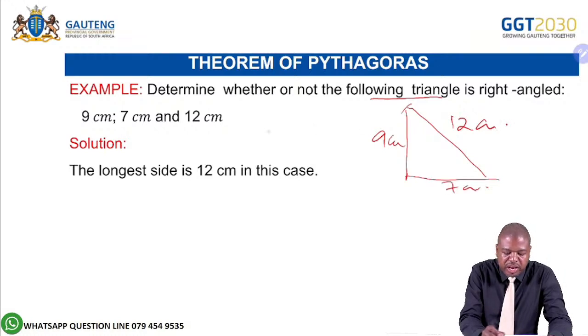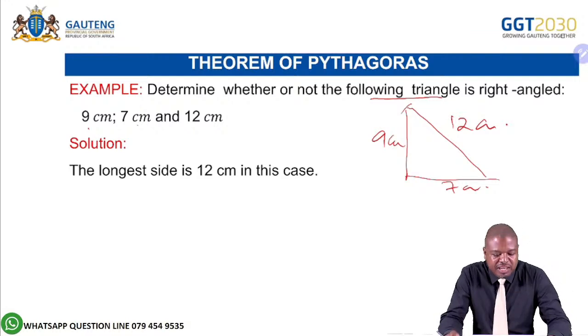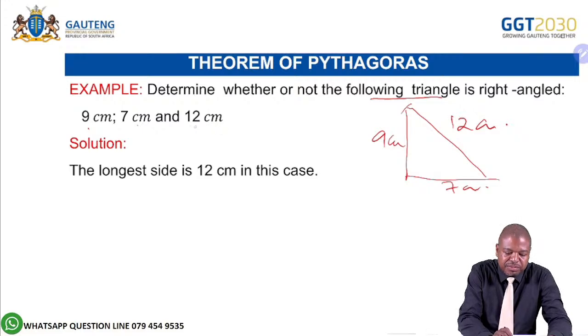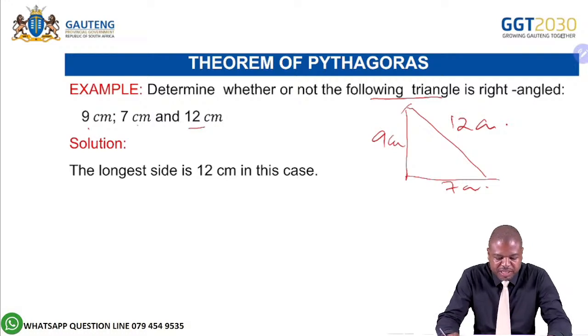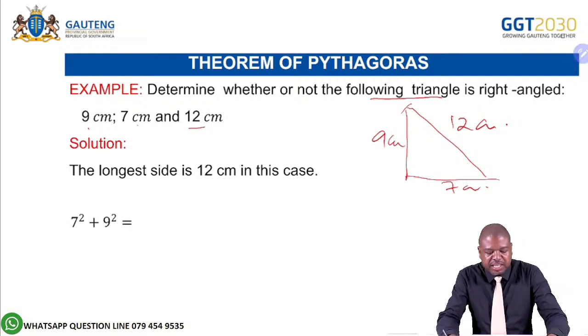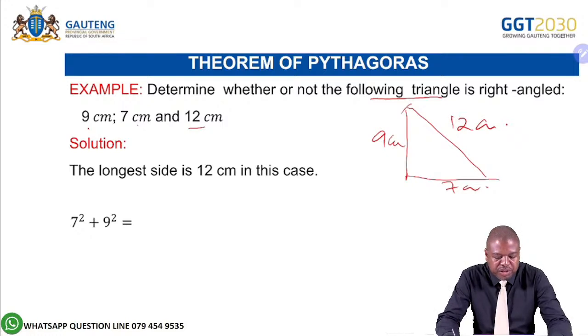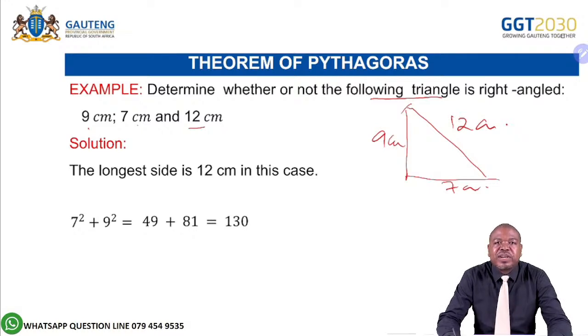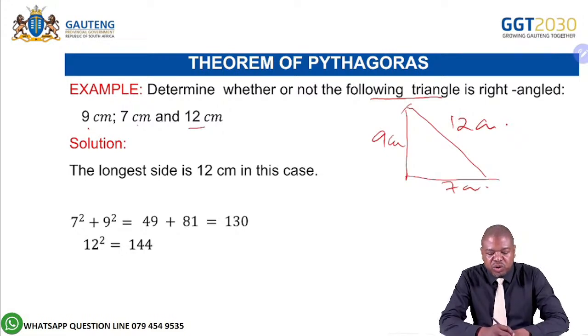If this triangle is right-angled, then the squares of the two shorter sides, 7 and 9 centimeters, added together should give us the same value as when we square 12 centimeters. So let's do that. 7 squared plus 9 squared, what do we get? It is 49 plus 81, which gives us 130. And the longest side, 12 squared, what do we get? It's 144. So what's the conclusion there?